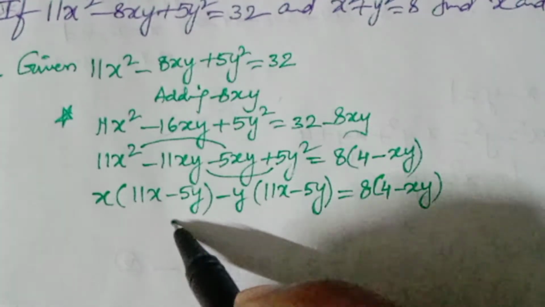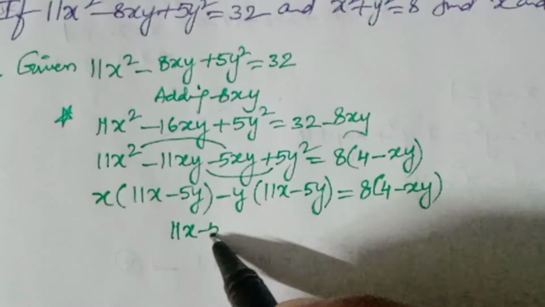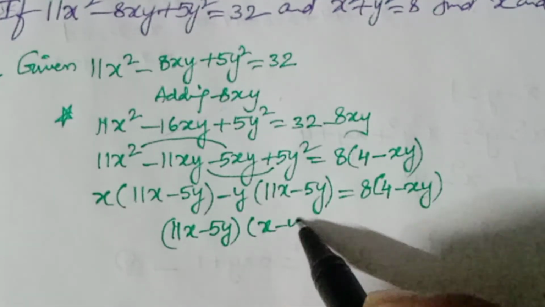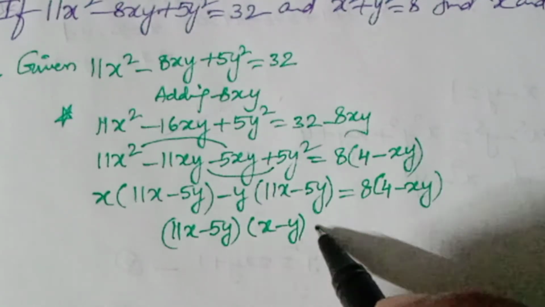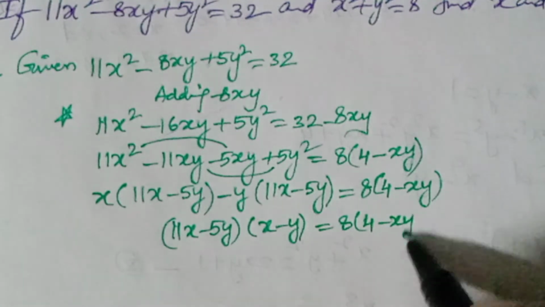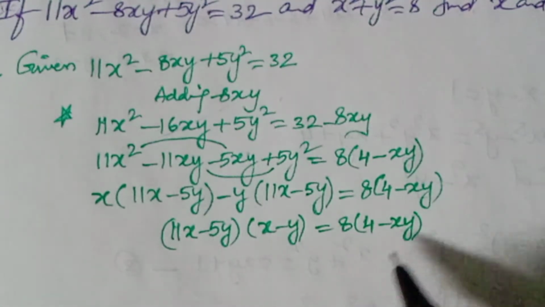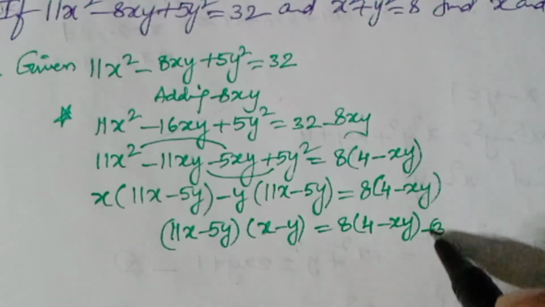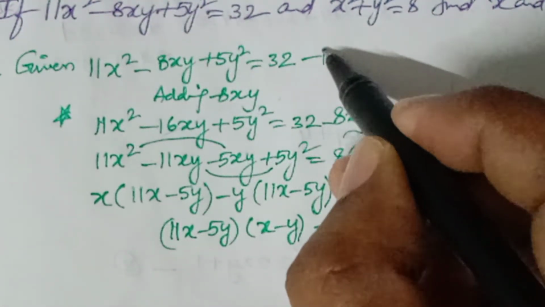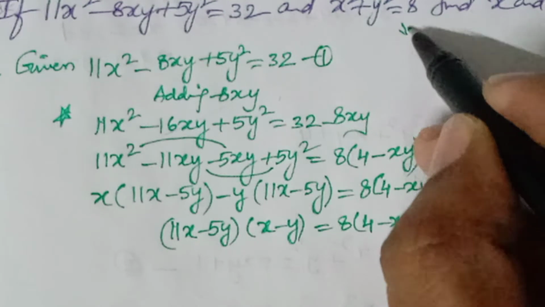So the factors we get: 11x minus 5y into x minus y is equal to 8 into 4 minus xy. Let this be equation 3. So this is 1, this is 2.